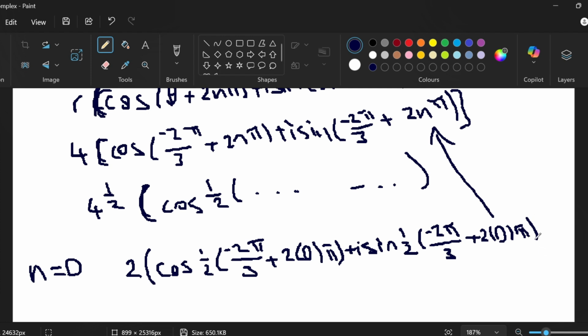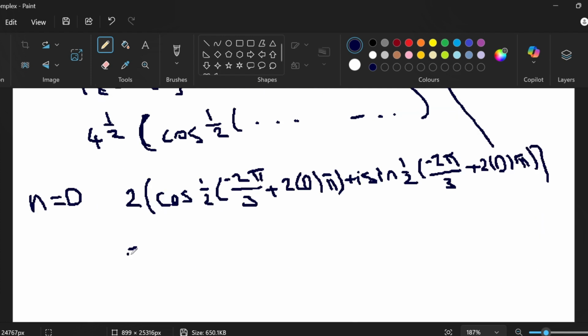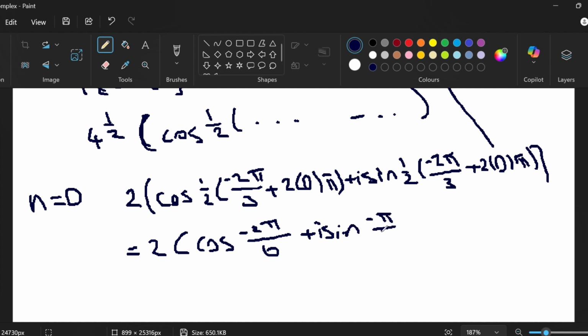So simplifying all of this, I get 2 times cosine of, this all averages out to 0, so it's 1 over 2 times minus 2 pi over 3, which is minus 2 pi over 6, plus i sine minus 2 pi over 6. 2 pi, that should be.